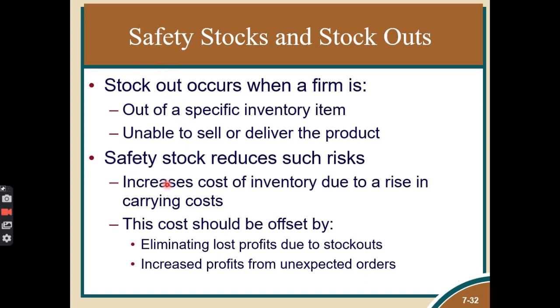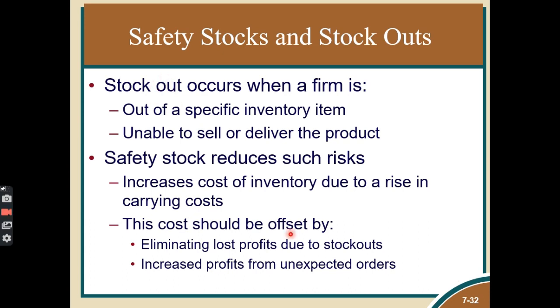For as long as we are able to maximize the safety stock, then it's okay. This cost should be offset by, number one, eliminating lost profits due to the stock out, and increased profits from unexpected orders. So just like what I said, it is true, we are going to incur additional cost because we are going to have a safety stock, but it will eventually be offset later on by the additional profits that we're going to generate from the additional sales.